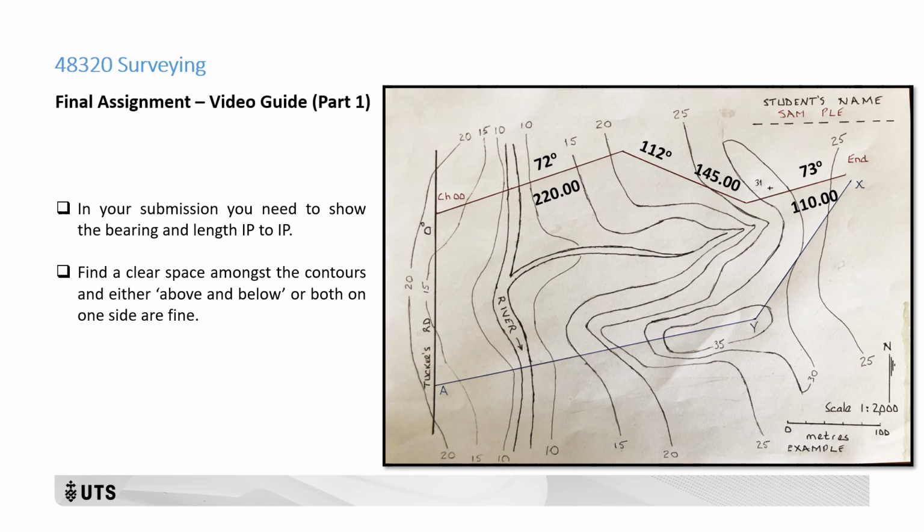In practice, you can knock off the trailing zeros, so you can just show it as 220, 145 and 110, but I put that in there as a reminder that you must work precisely to that metre reading. Now the contours get a little bit cluttered, so you can write bearing on one side, distance on the other, or if you find a clear spot, write the two together side by side. As long as they're marked on the plan, that's all that matters.